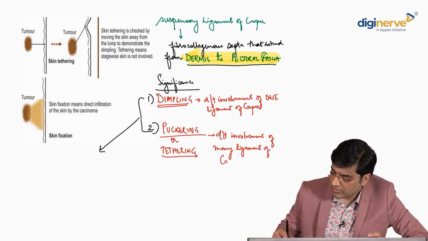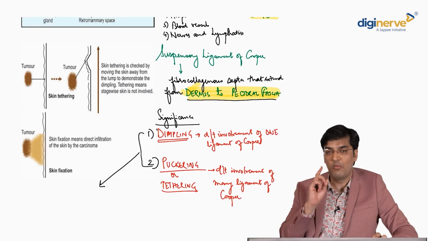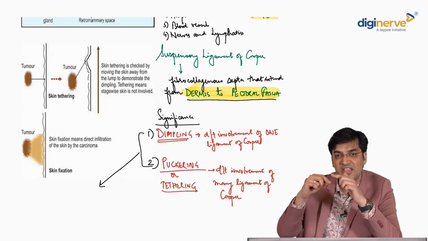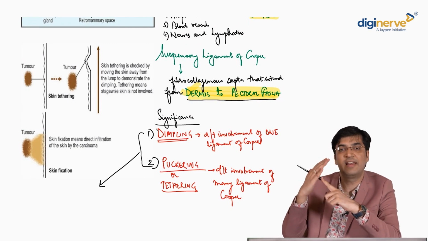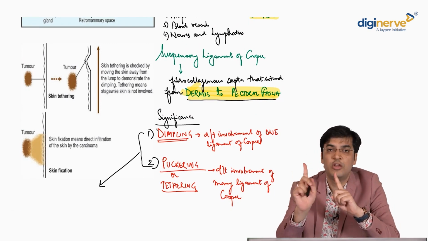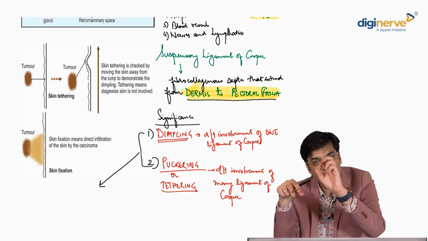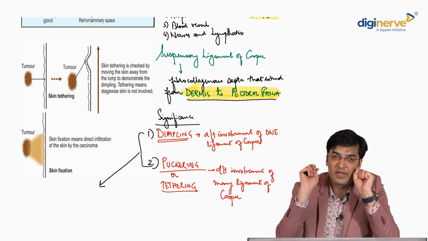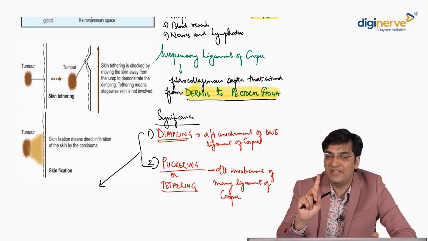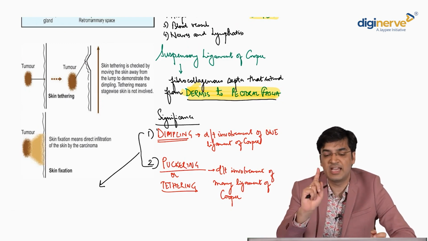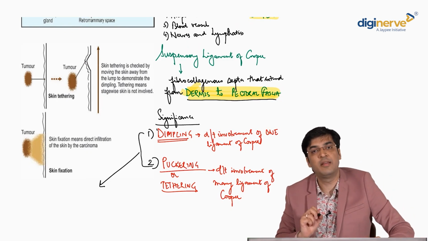Okay, but please understand one thing. What is happening here is that there is involvement of the ligament. Is the skin of the breast, or the skin overlying the breast, directly getting involved? No, the cancer has not directly involved the skin. It has involved the ligament, which is causing these two findings. Okay, so can you call this a skin involvement in breast cancer? No, it is not a skin involvement, and this is the point which they have particularly stressed in many exams.